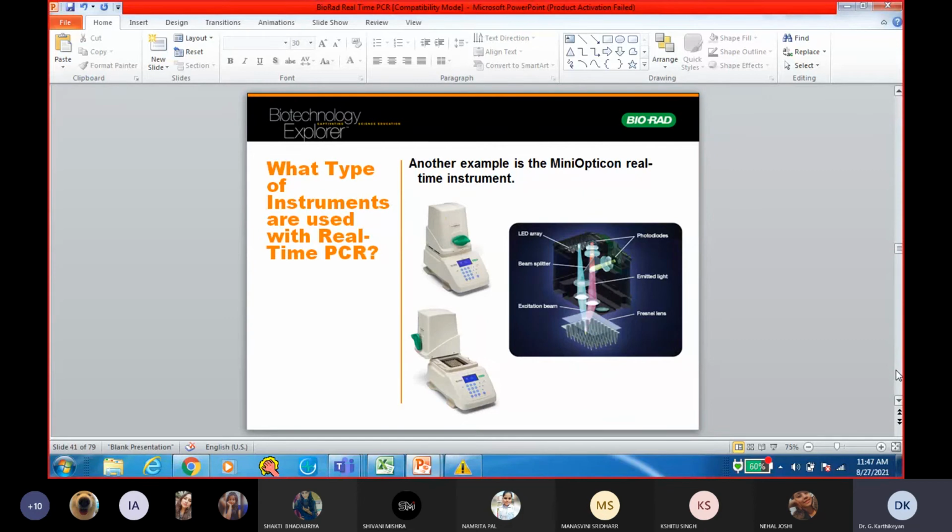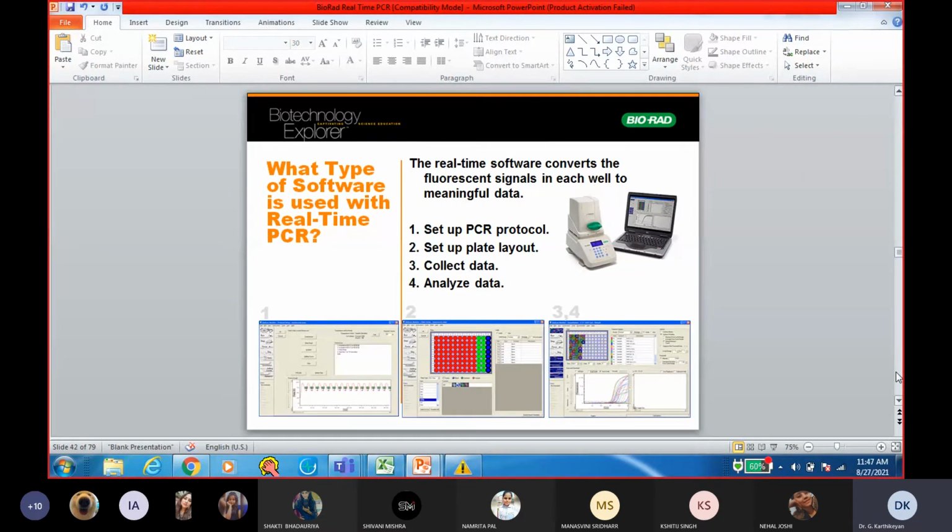These are just different versions, showing you the internal parts of the machine. Essentially, it reads all these different wells, and each well corresponds to a data point, and then it plots.